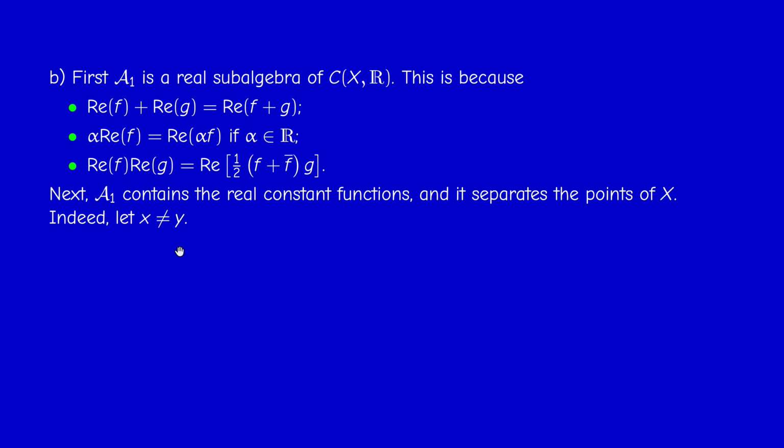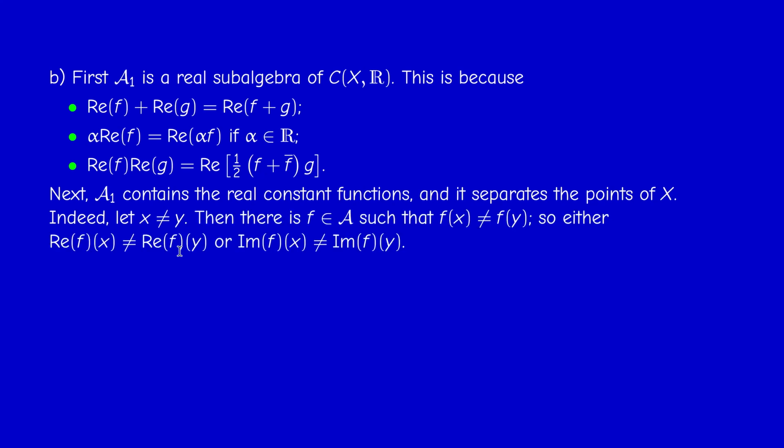Because if you take two points x and y in the space X, then since calligraphic A separates the points of X, there exists f in calligraphic A, which is complex valued, such that f of x is different from f of y. If two complex numbers are different, then either the real parts are different or their imaginary parts are.